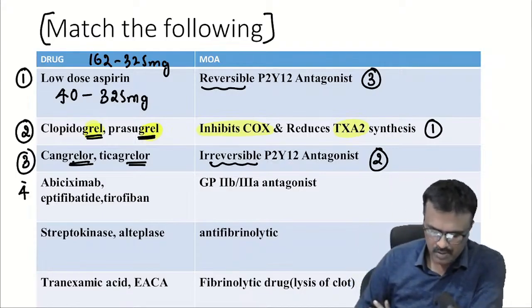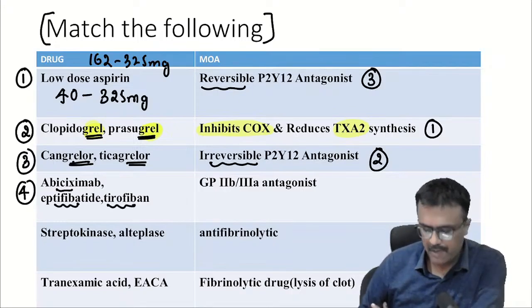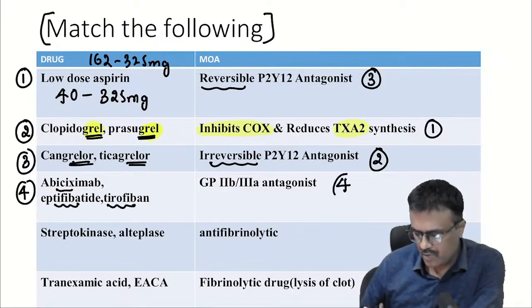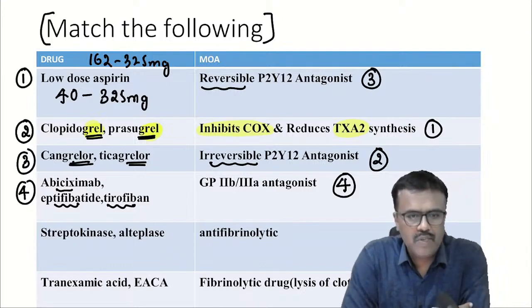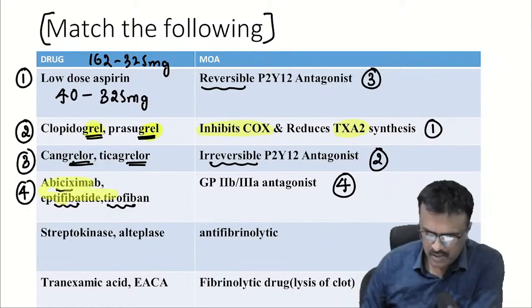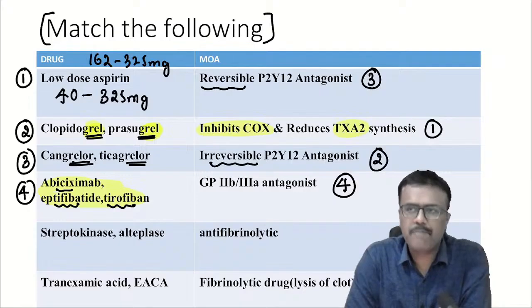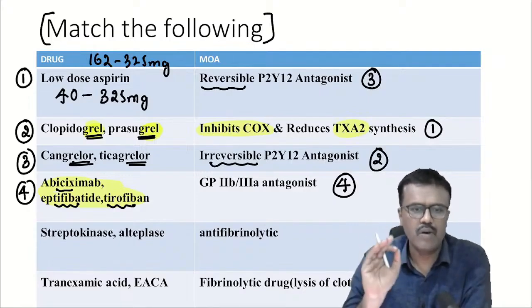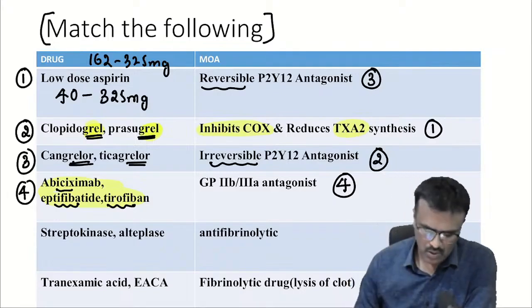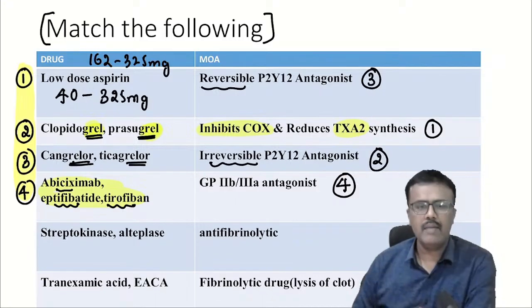Number 4, abciximab, eptifibatide, tirofiban. These are GP2B3A antagonists. They are parenteral drugs, and they are antiplatelet drugs. They are used in emergencies like acute coronary syndrome, and when you are doing a procedure called percutaneous intervention. So all these 4 we have listed are antiplatelet drugs.